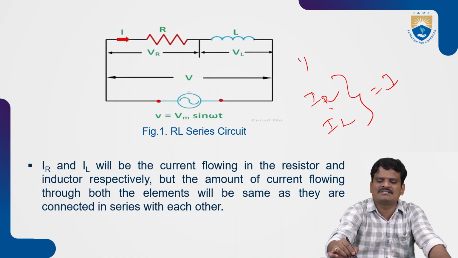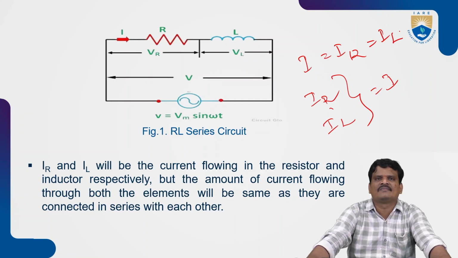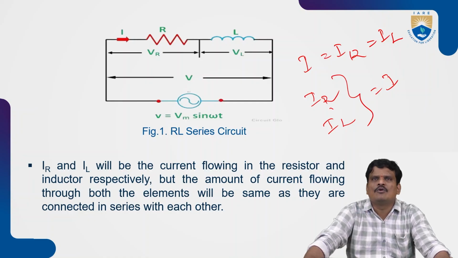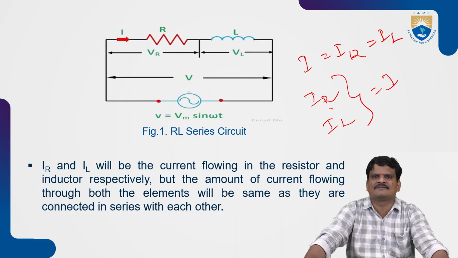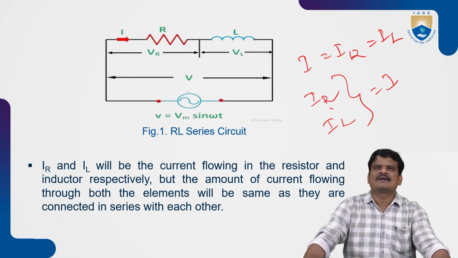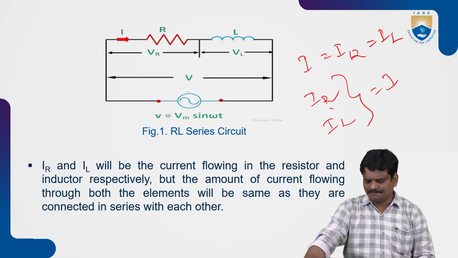So I can clearly state that I equals IR equals IL, where IR is the current flowing through the resistor and IL is the current flowing through the inductor. Both currents are equal to the current flowing in the circuit, as both the elements are connected in series.